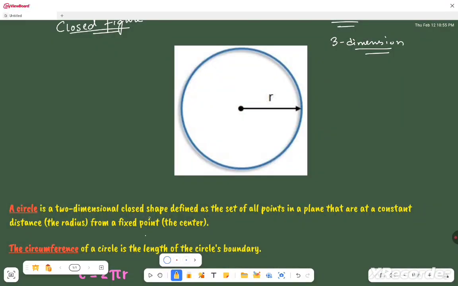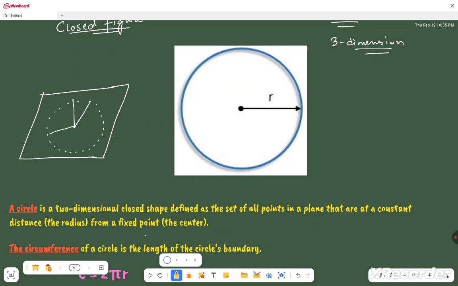That means in this definition, suppose we have taken a plane. In this plane we take certain sets of points, and all these points are equidistant from a fixed point, and that is the center. So from the center all these points are equally distant.